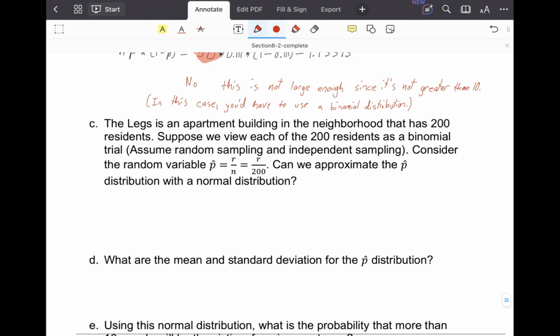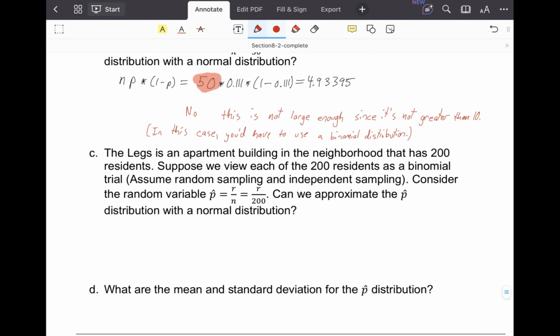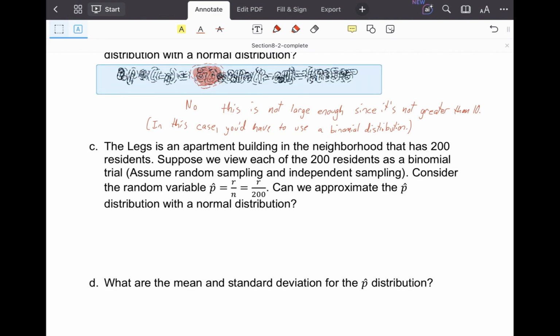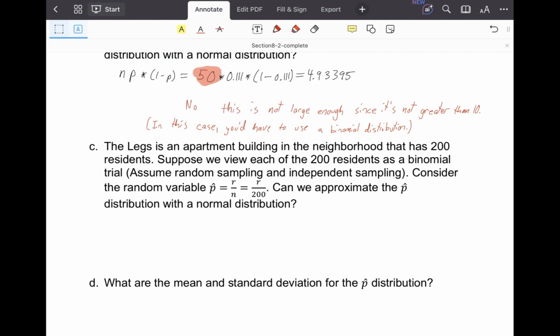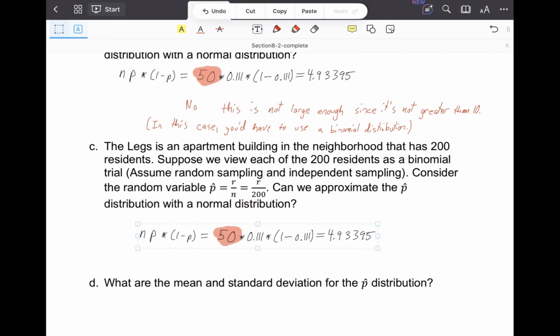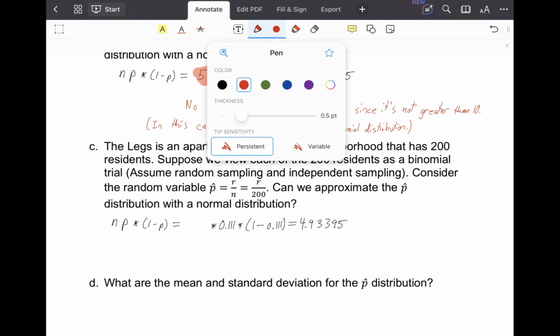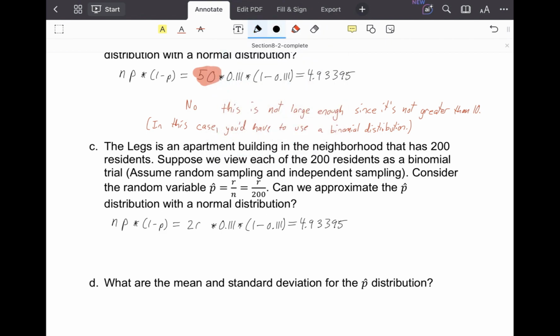Okay, now another apartment complex has 200 residents. It's asking the same exact question. We're really doing nearly the same thing, except we're switching that number. So let me take this and change this to 200, since there's 200 residents here.